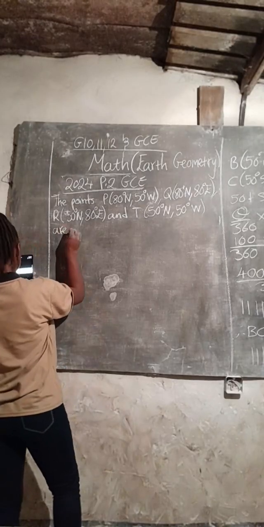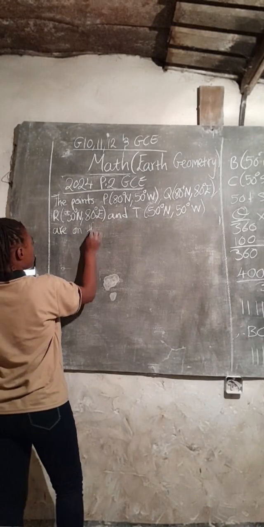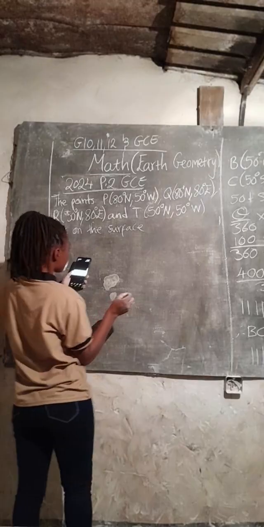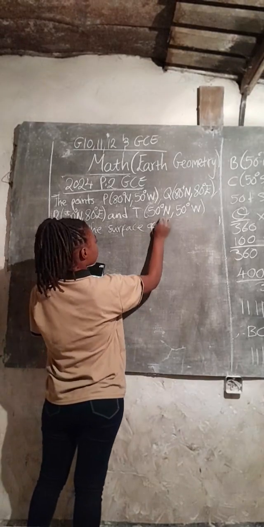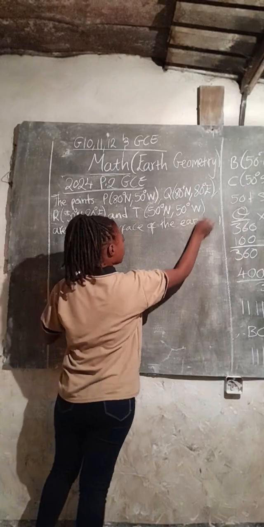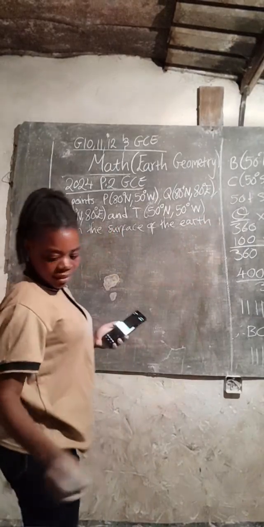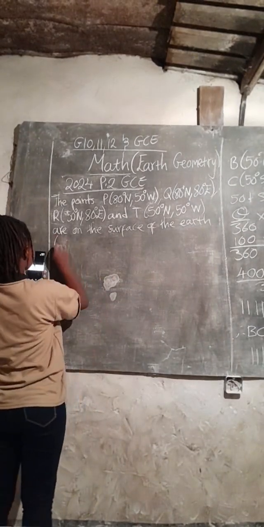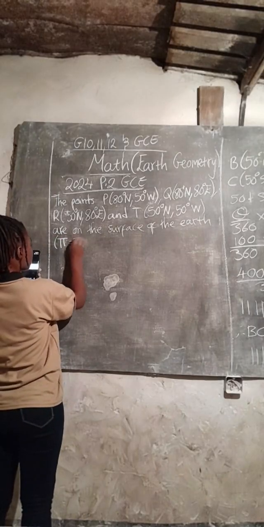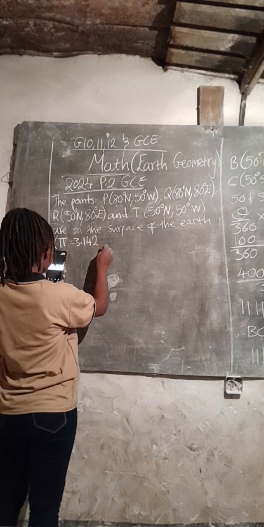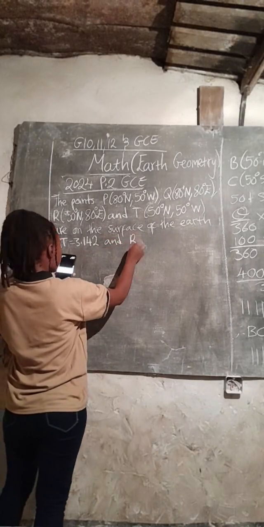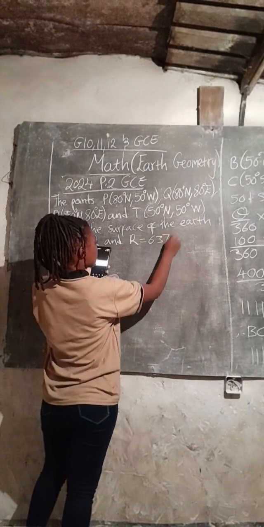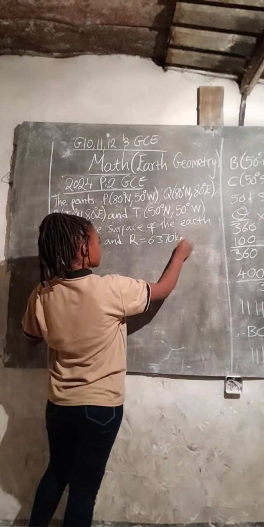The points are on the surface of the earth. Take pi as 3.142 and the radius as 6370 kilometers.